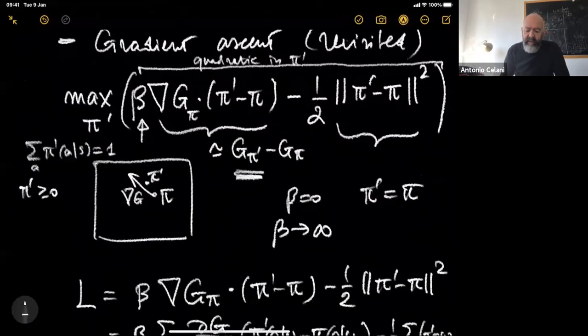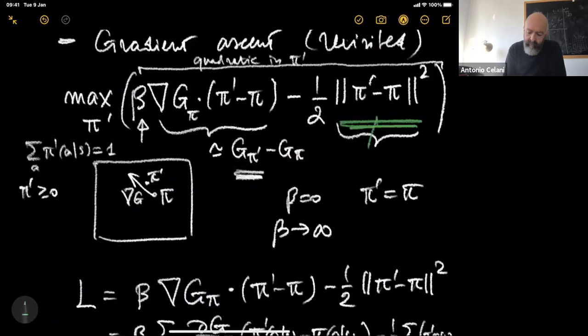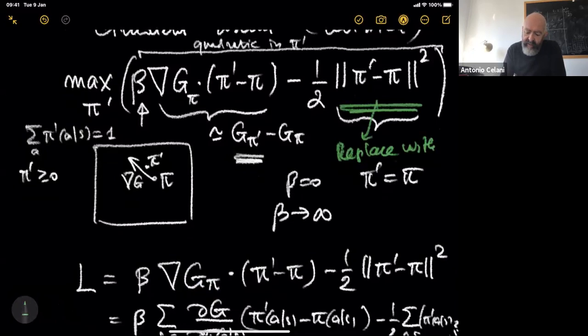Why do we care about this connection? Because this suggests different ways by which we can follow the gradient. The basic idea is that we want to replace this object with some other notion of distance, because the Euclidean distance for probabilities is probably not the best one.